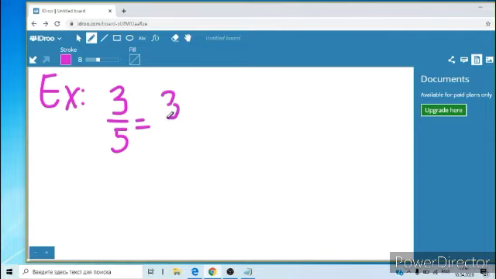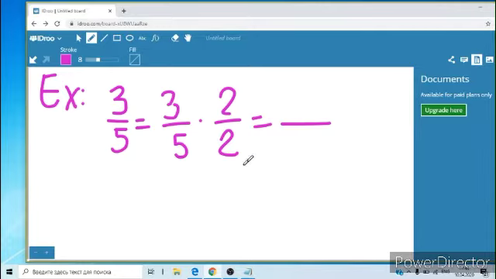We write it itself and we must multiply the denominator by a number so that our denominator is 10 or powers of 10. So let us multiply by 2. 2 over 2. Look, normally 2 over 2 gives us 1.